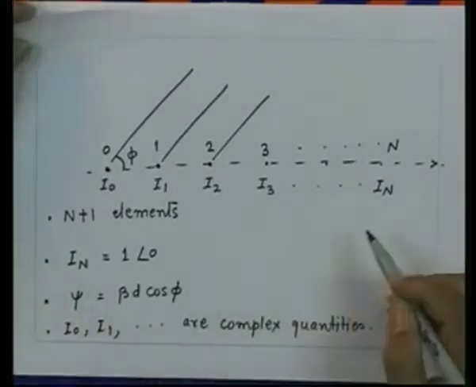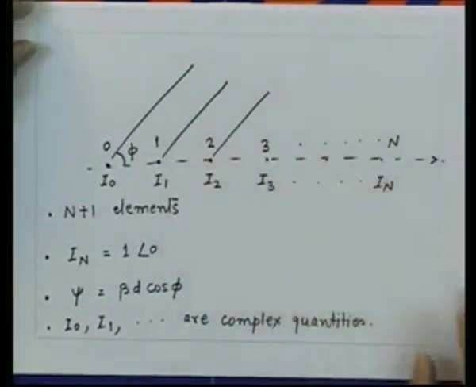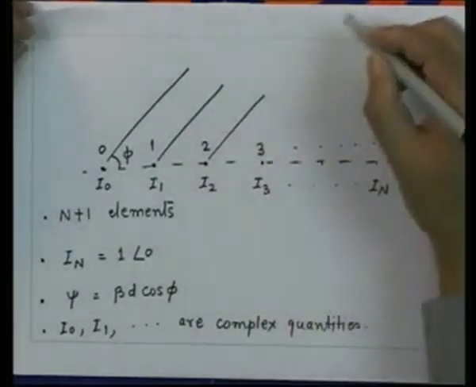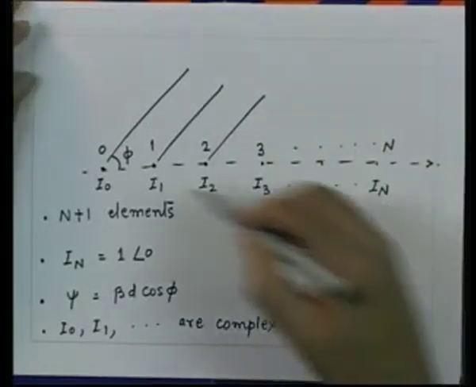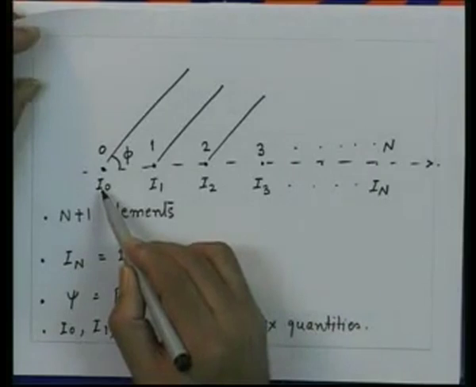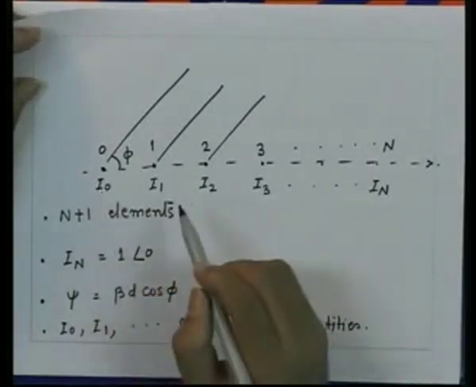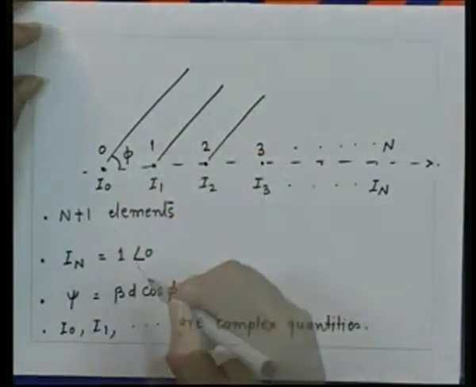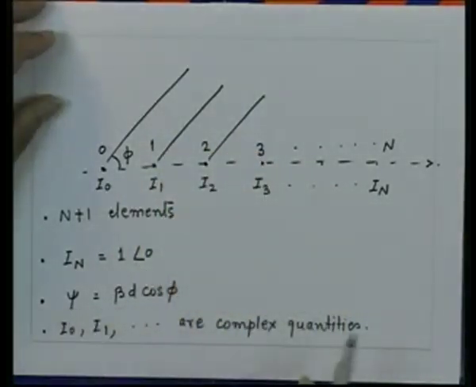Once we say that, then the array factor or radiation pattern of this array is straightforward. The field which is produced because of the current at a very far away point will be proportional to the current here, and there will be a phase corresponding to the space phase, which is psi.